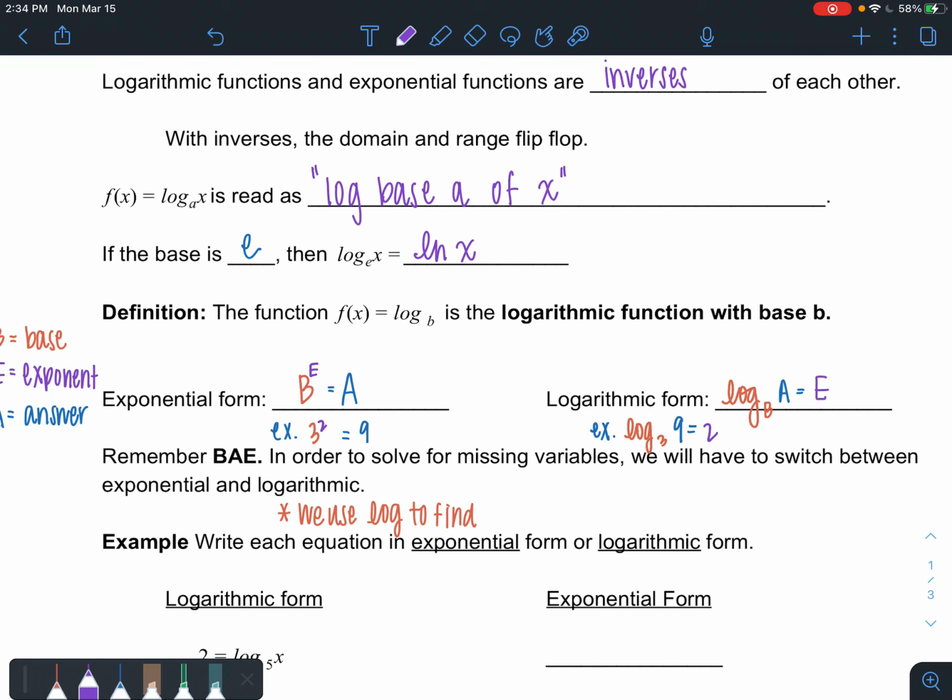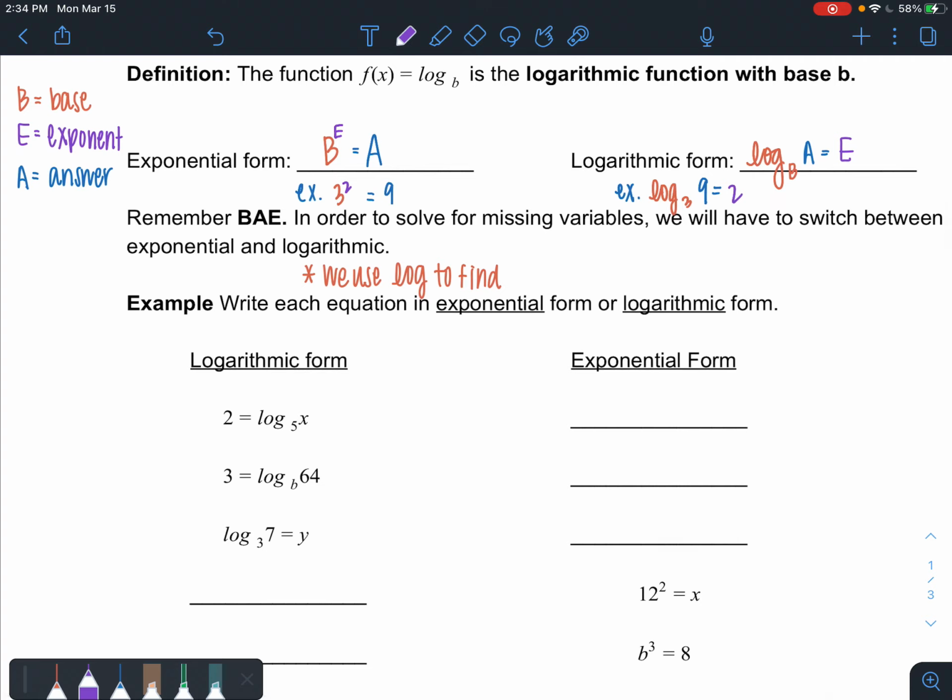Okay. So we're going to switch these back and forth. So I've got a few examples here. Notice that this is 2 equals log base 5 of x. I'm not used to seeing it in that way, so I'm actually going to rewrite it as log base 5 of x equals 2.